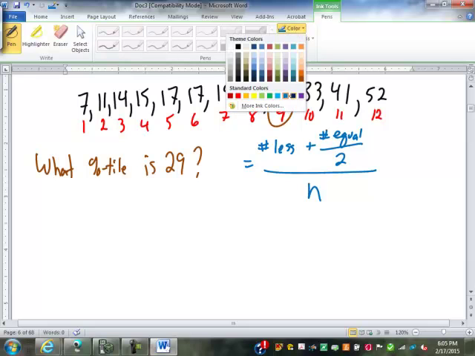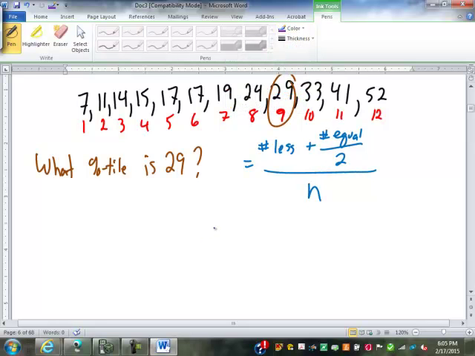So for the 29, how many numbers in our list are less than 29? 8 of them. So that's 8 plus. How many numbers in our list are equal to 29? 1, right? There's 1 in there. So that's 1 divided by 2. It's always a divided by 2 there. Over n is 12.